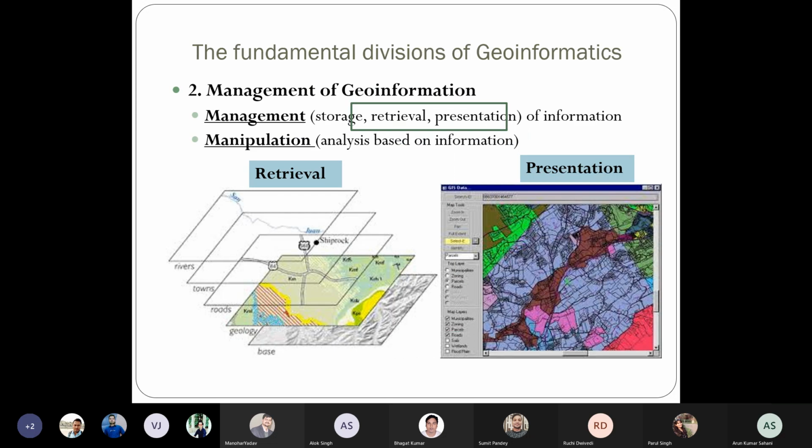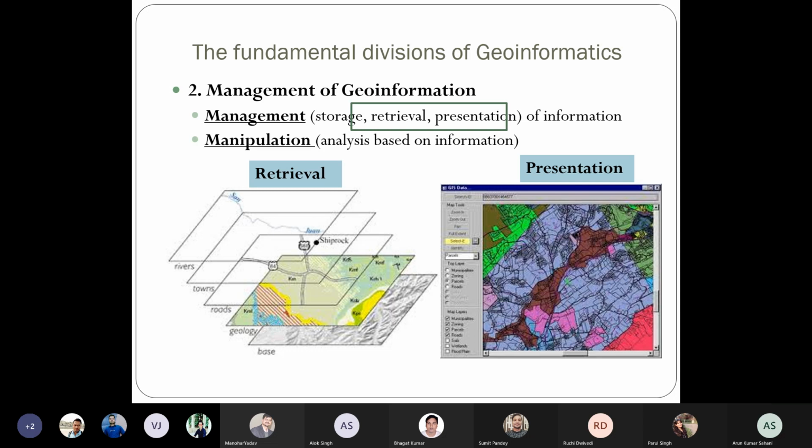Now the second part of geo-information is, after collecting the information, how you process and manage it. Geo-information management includes how to store the data, and further how that data is retrieved for collecting information about various objects.